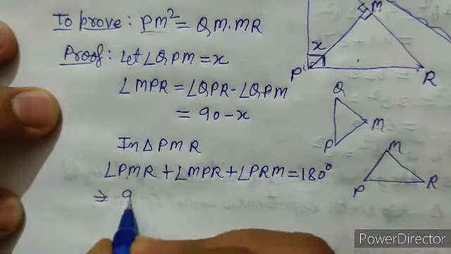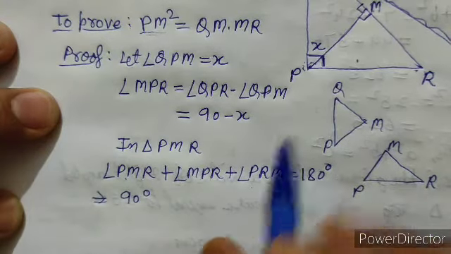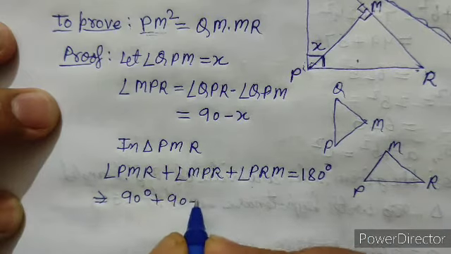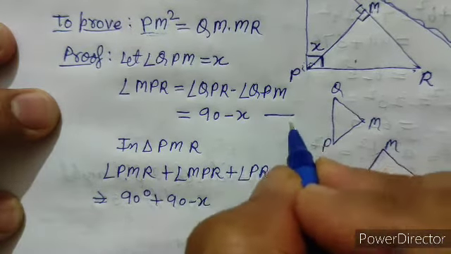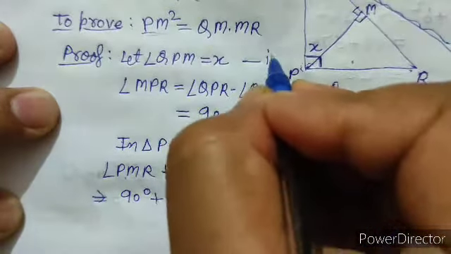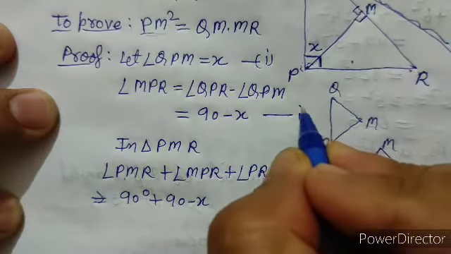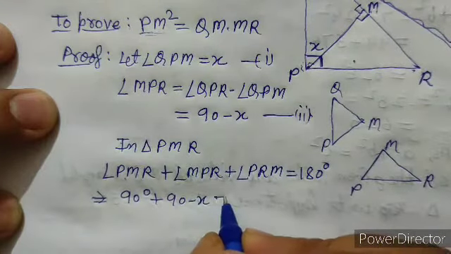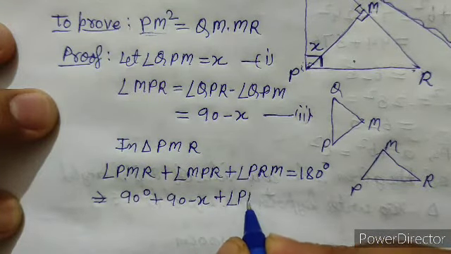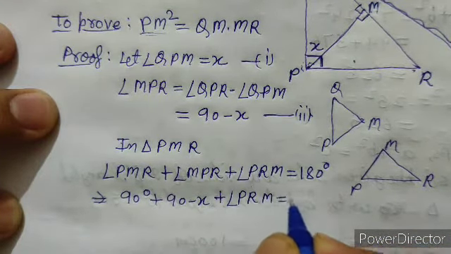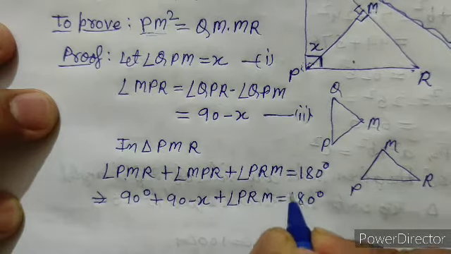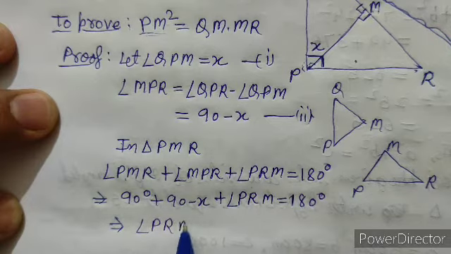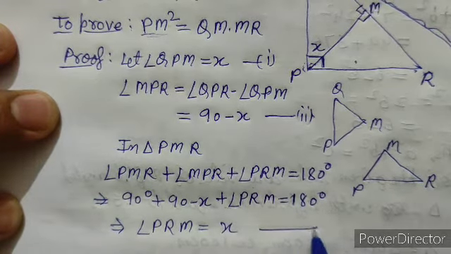PMR is of 90 degree, and angle MPR was of 90 minus X, as we have obtained earlier. So this is first equation and this is second equation. So from second we can write that MPR is of 90 minus X plus PRM equal to 180 degree, and this will give us angle PRM is equal to X.